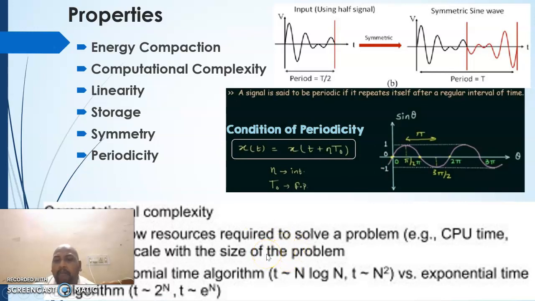When we talk about computational complexity, it is the amount of utilization of resources, the CPU time, processor, memory, and how they are utilized to compute a process. These things can be analyzed in orthogonal transformations.